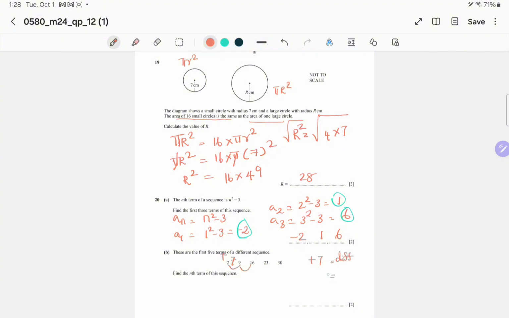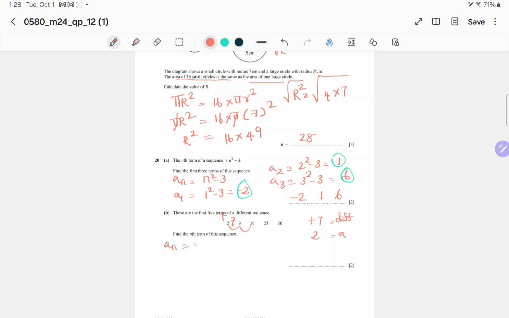The first number is a, which is equal to 2. The formula for the nth term is an is equal to a plus n minus 1 into d. The first number is 2, the difference is 7, so n minus 1 into 7.